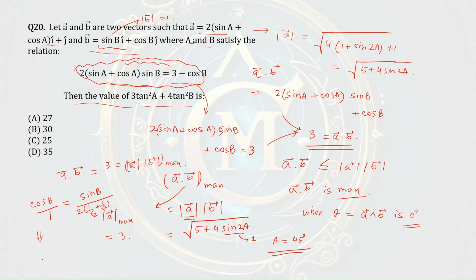So if we take this cos B to the denominator, tan of B is equal to 2 times 2 by root 2. So this becomes 2 root 2.